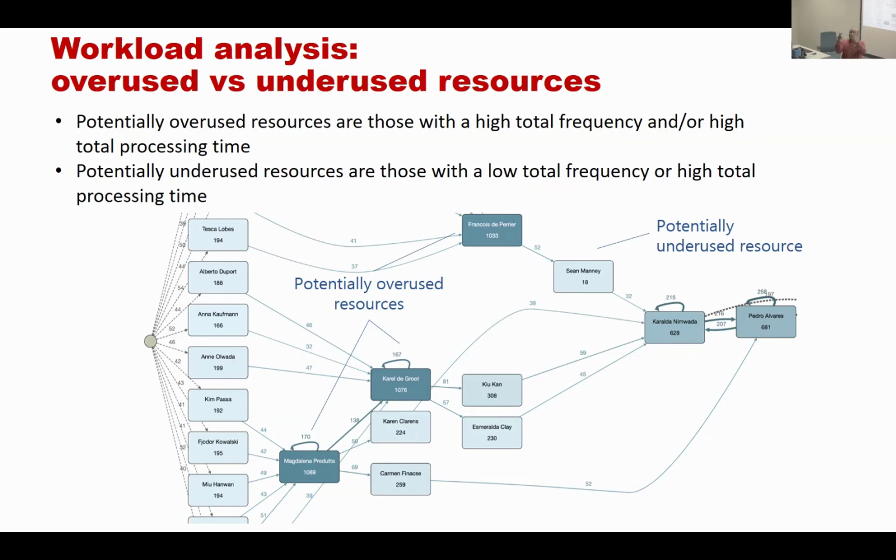The busiest resources are typically the ones that execute a large number of cases or that are involved in a large number of cases, or the ones that in total, on aggregate, spend the largest amount of processing time.